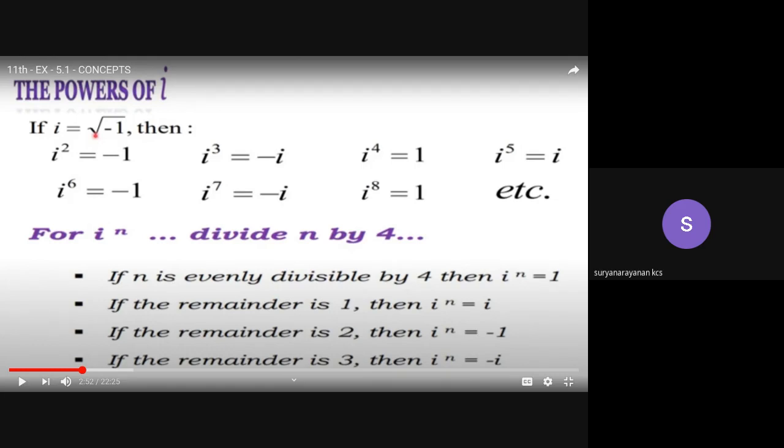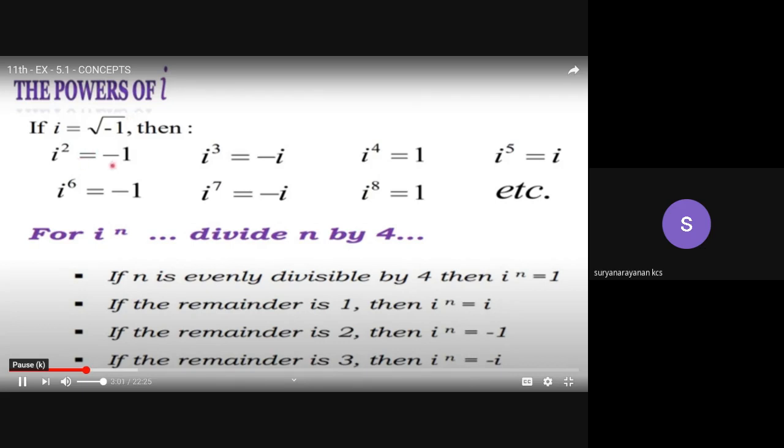The square root of minus 1 is equal to small letter i. Throughout this chapter, remember this point. i is equal to the square root of minus 1. In the previous slides, we have discussed this point, my children. Remember this one throughout this chapter.